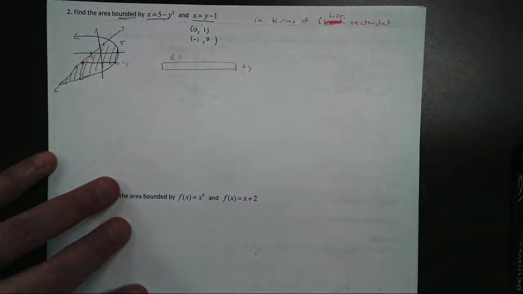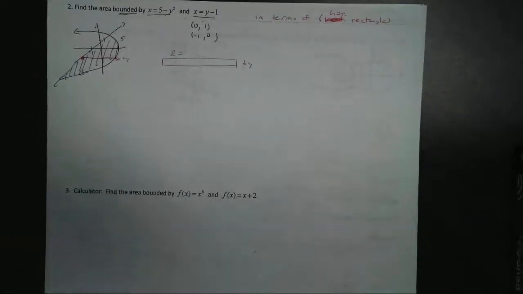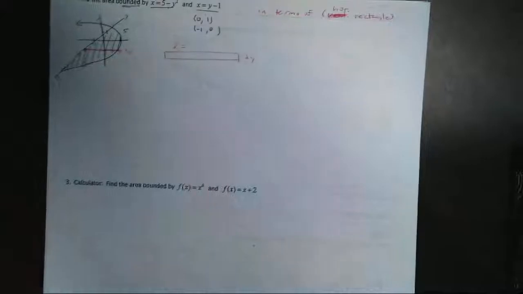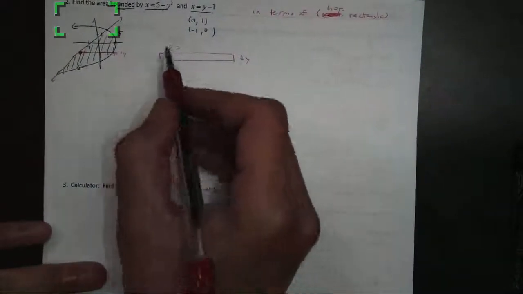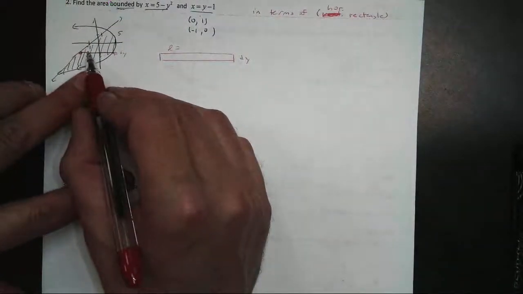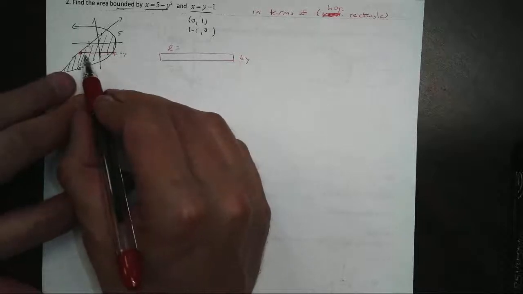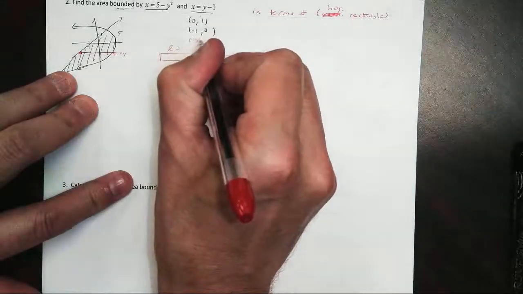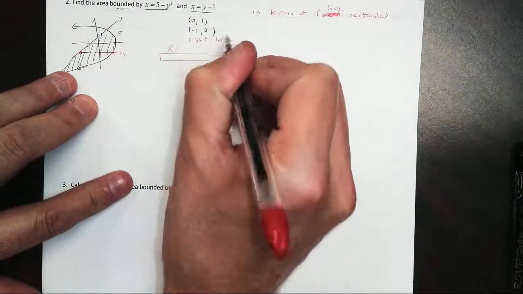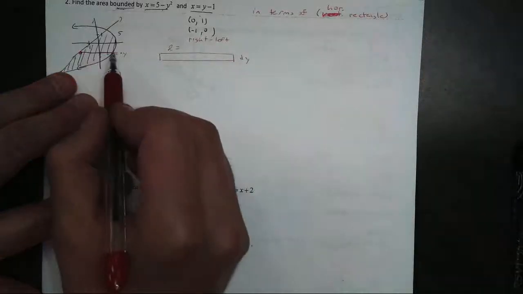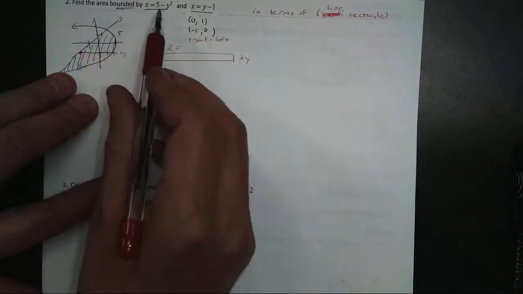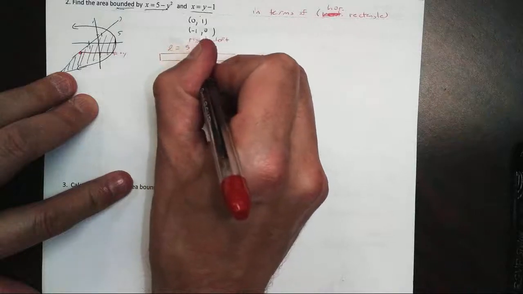And in this situation, all we're going to do is just look at the right side minus the left side. Remember, always pick the bigger one minus the smaller one. So we're going to choose the right minus the left, like so. Well, the right side puts me on the parabola, which is this 5 minus y squared.